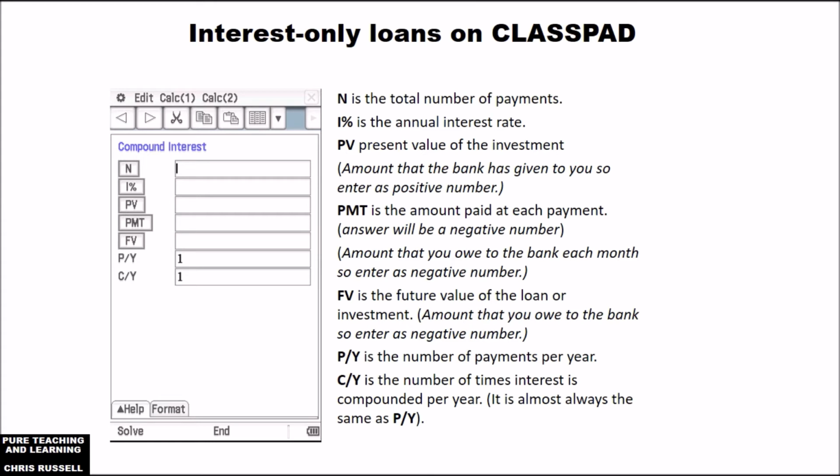This is the amount that you owe to the bank each month, so enter it as a negative number. FV is the future value of the loan or investment, the amount that you owe to the bank, so enter as a negative number. PY is the number of payments per year. CY is the number of times interest is compounded per year. It is almost always the same as PY.